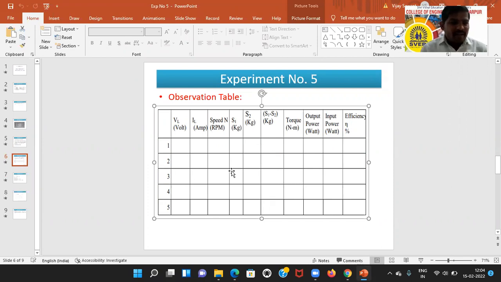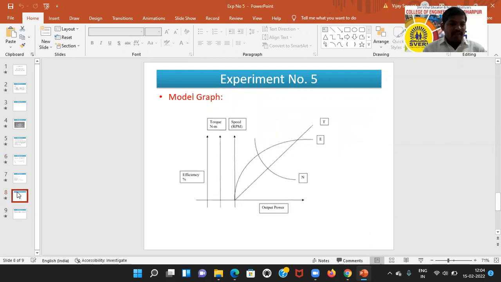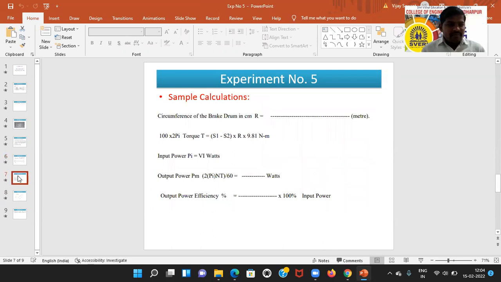All of you do the calculation and calculate the efficiency of the DC series motor. Now I will tell the radius of the drum.